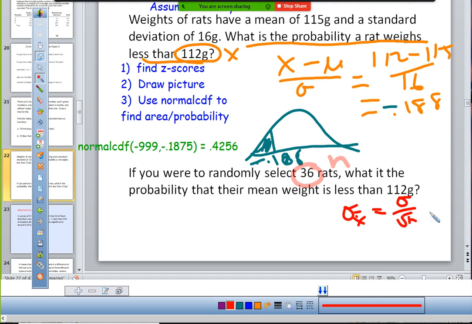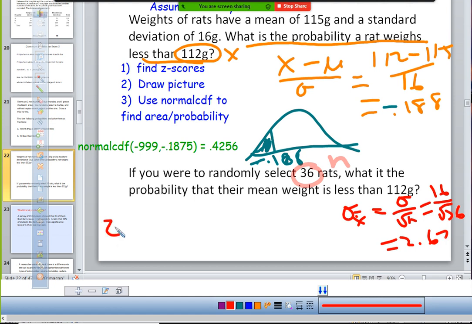So it's going to be 16 over the square root of 36. So that's going to be 2.67. So now when I do my z-score, it's going to be 112 minus 115 over 2.67 instead.